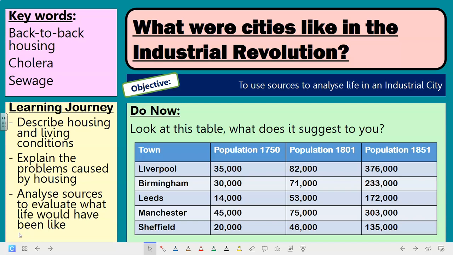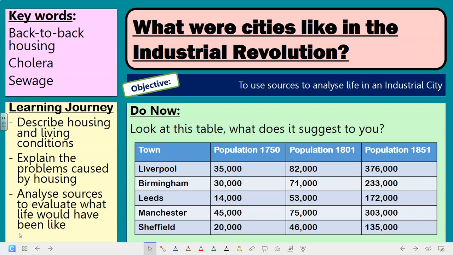Hopefully you have had a look at this table, and the details that you should have picked out are that the population in these cities is increasing very quickly. So these are all northern cities in England, and you can see that their population goes up relatively between 1750 and 1801, and that shouldn't be a surprise.